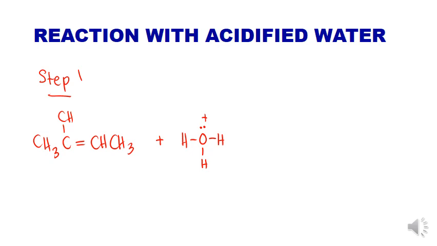In this reaction, we can see that the alkene contains a carbon-carbon double bond. This carbon-carbon double bond is an electron-rich region, so it becomes the nucleophilic site. It is very reactive toward the electrophile, which in this reaction is the acid catalyst.